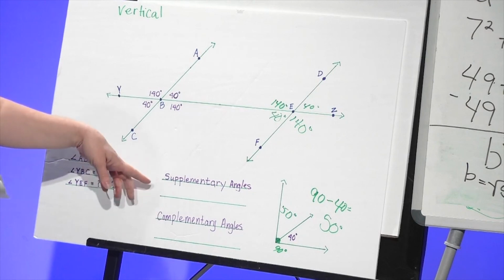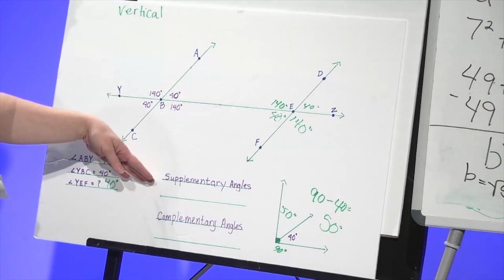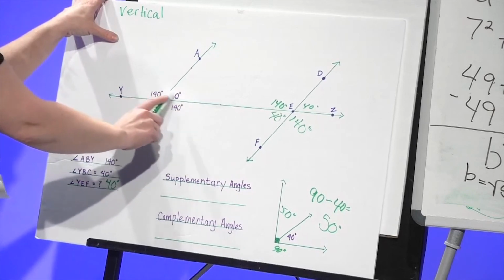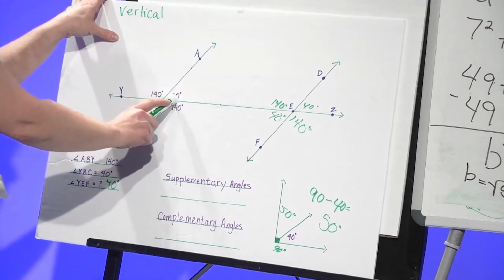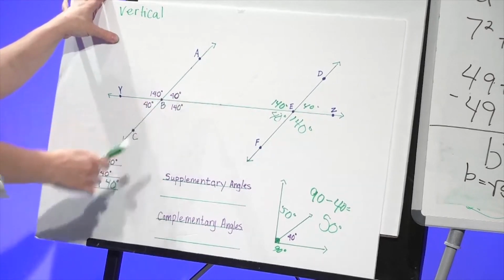Supplementary angles together form 180 degrees. So again, it's two angles together that are going to form 180. Remember, 180 is a straight line. So 140 degrees and 40 equals 180.